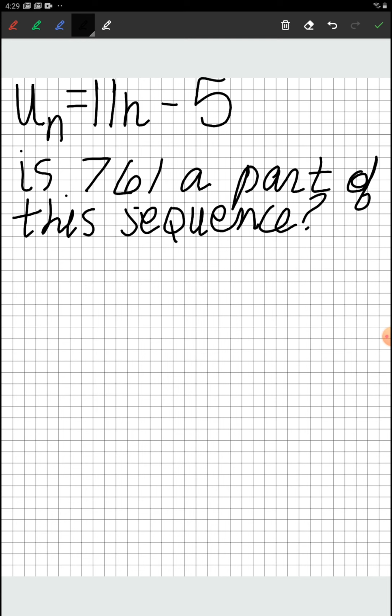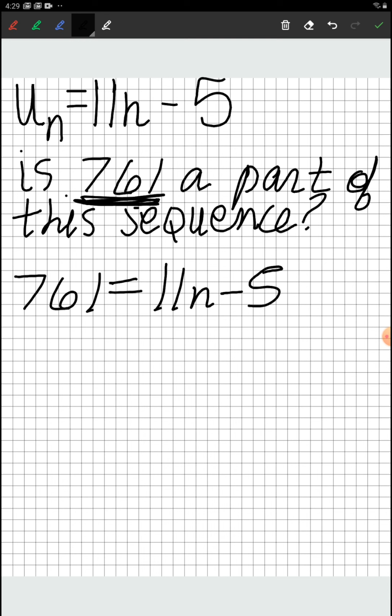We're going to pretend it's the nth term. So we're going to plug it in: 761 equals 11n minus 5. I don't think so, but let's see. We're going to solve for n. If we get a whole number, positive, negative, an integer, okay? If we get an integer for n, then it is a part of the sequence.